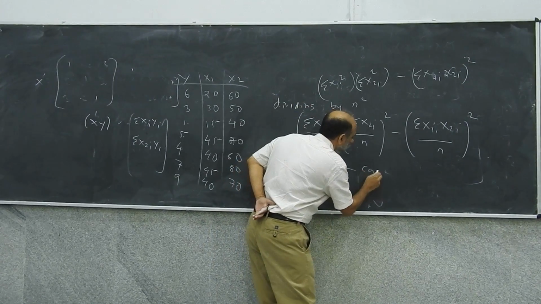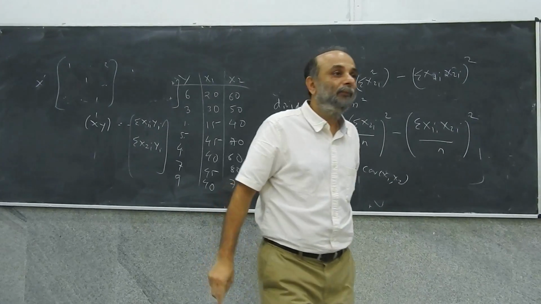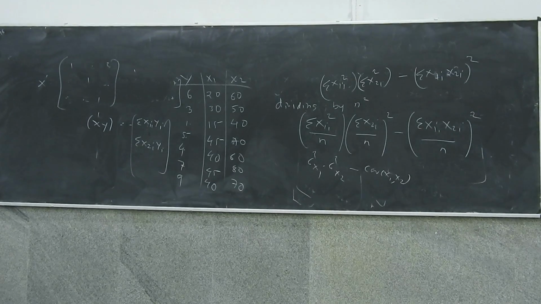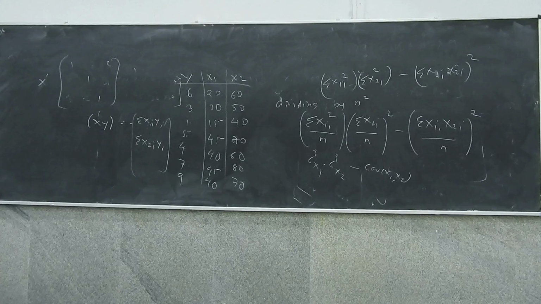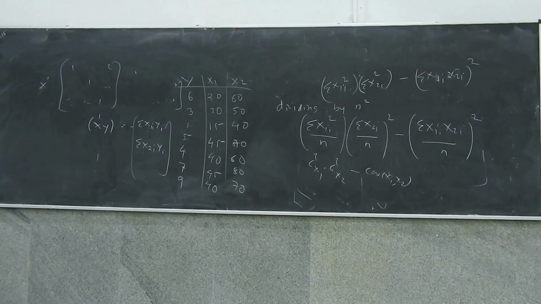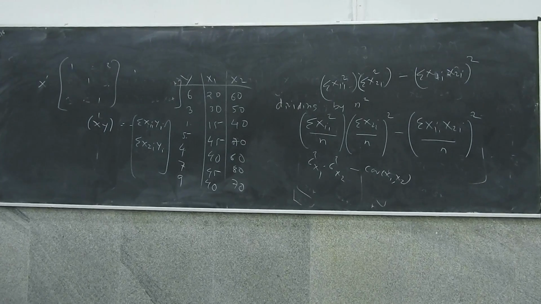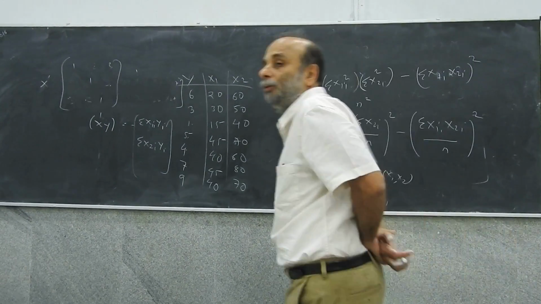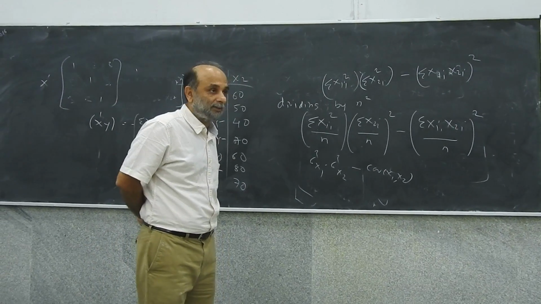Covariance of x1 and x2. So the determinant of x dash x has something to do with the variance sigma1 square, sigma2 square, minus the covariance of x1, x2 squared. Now, when will the determinant be 0? Think of a situation where x dash x inverse does not exist.